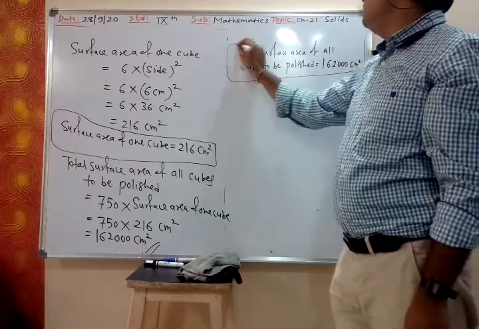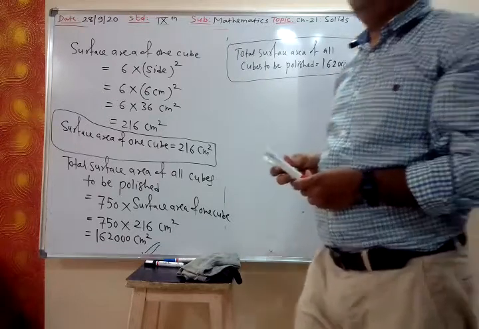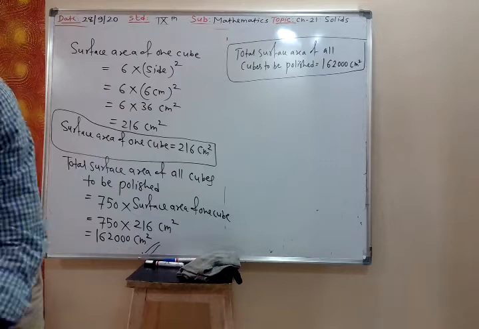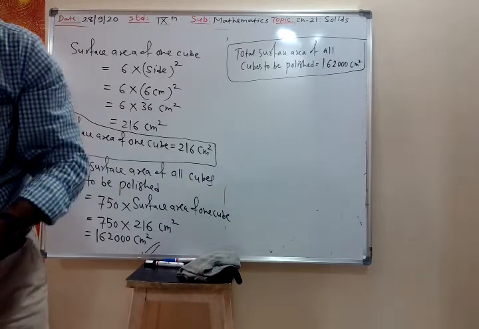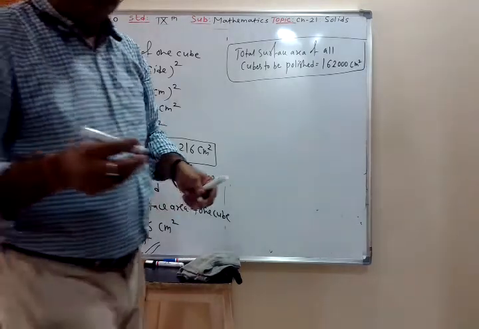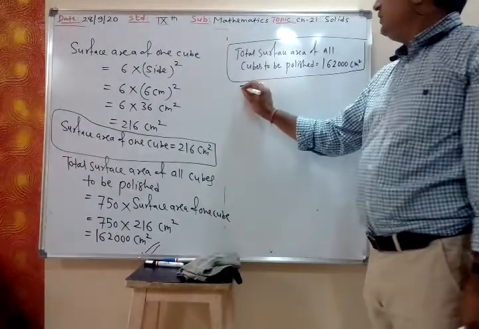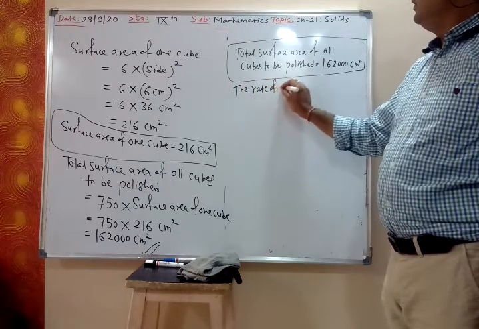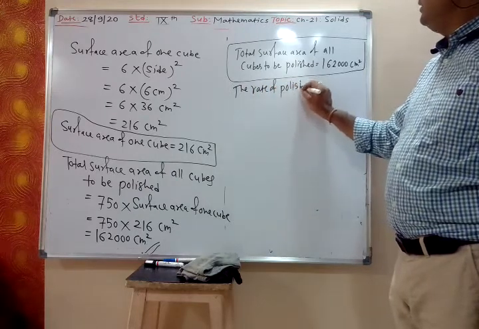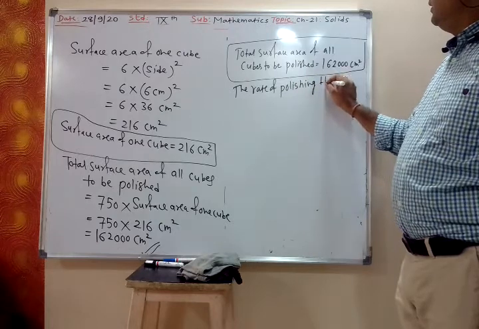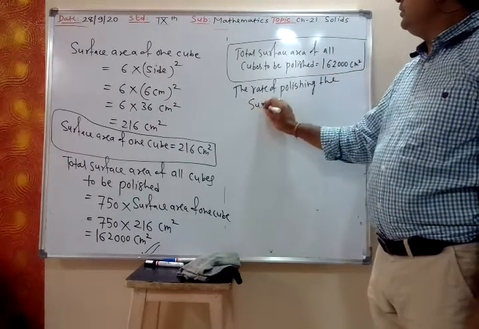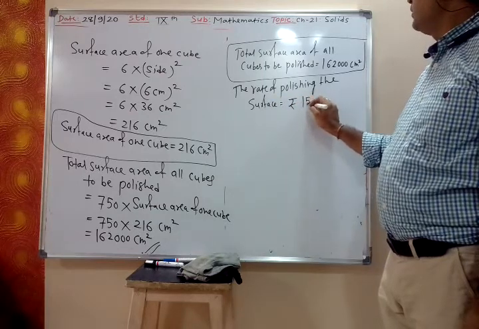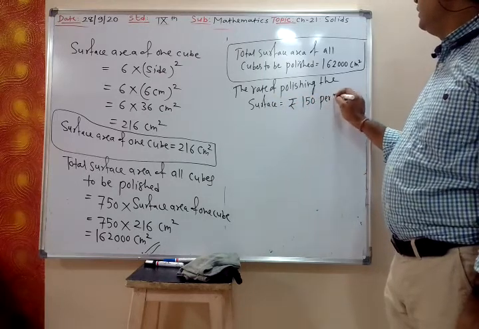Now this is the total surface area which is to be polished, but the rate is given. The rate of polishing the surface is rupees 150 per meter square.